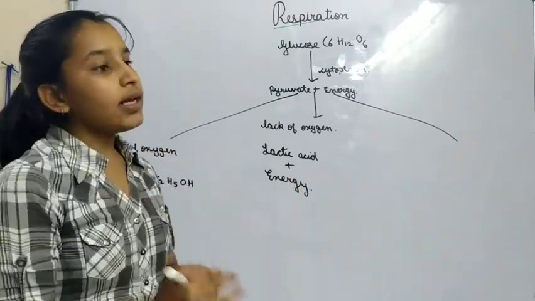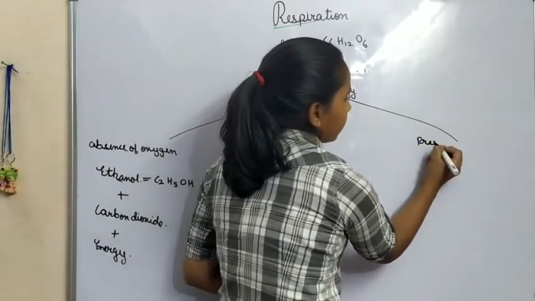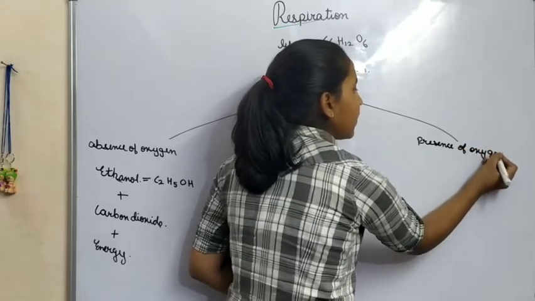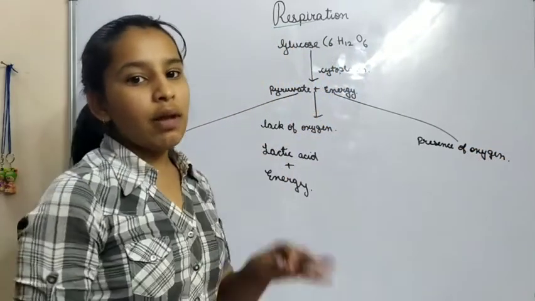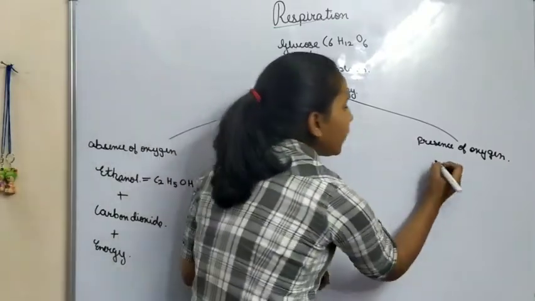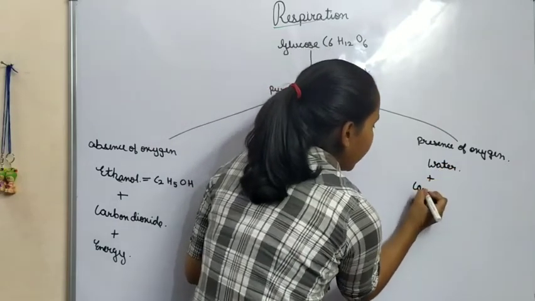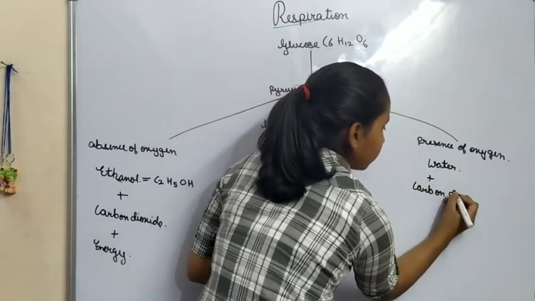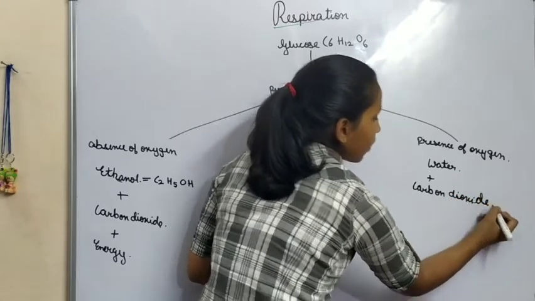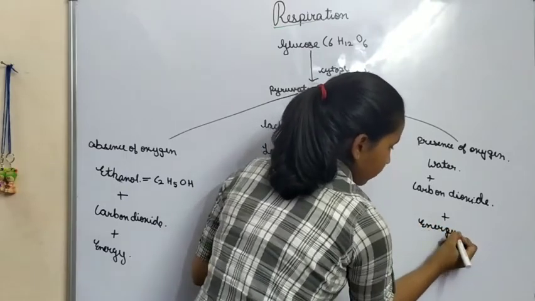Now we will see the third, in which there is presence of oxygen. When there is presence of oxygen, it will form water plus carbon dioxide plus energy.